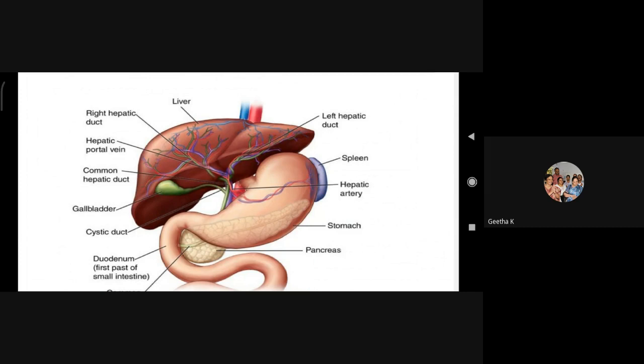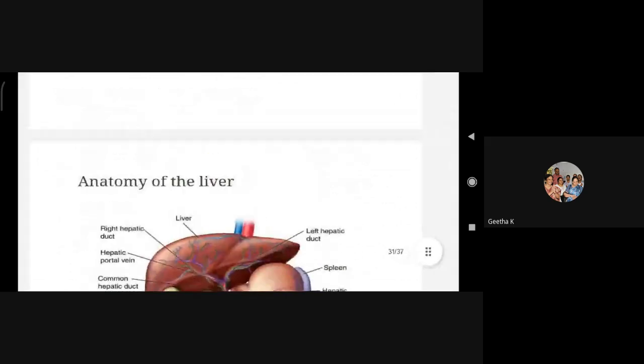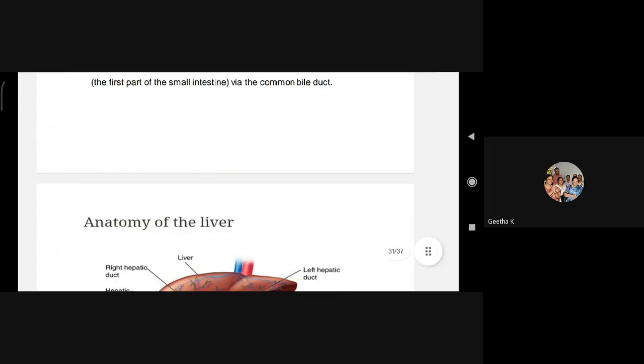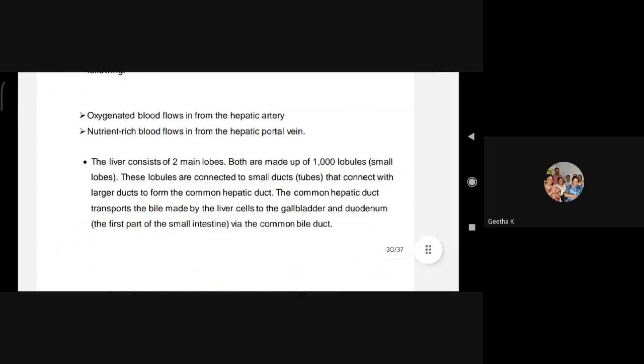The hepatic artery is providing oxygenated blood, but this hepatic portal vein is providing nutrition to liver. So don't get confused. And now UGC NET is making their question level a bit difficult. So keep in mind these exceptional things in the human body.